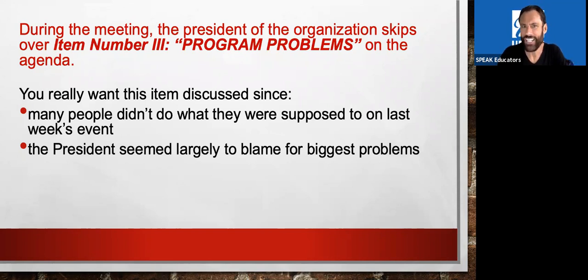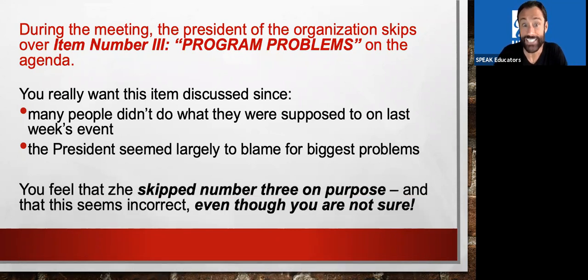You find it kind of odd that the president has decided to skip over number 3. You feel she is doing something wrong by that. And in your own thinking, you believe she is skipping over number 3 because she doesn't want to stand the heat and take responsibility in front of everybody.